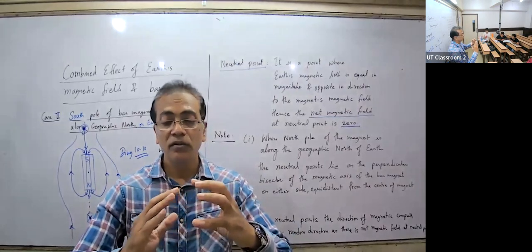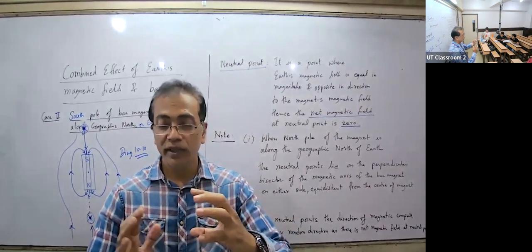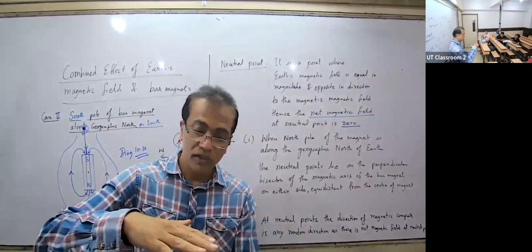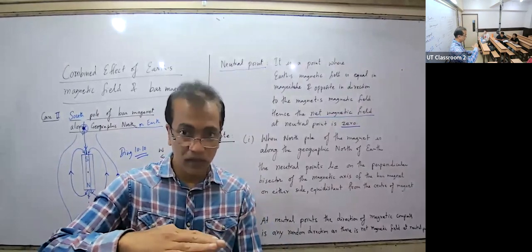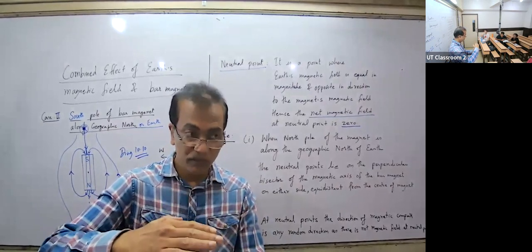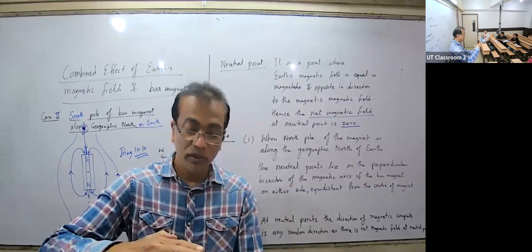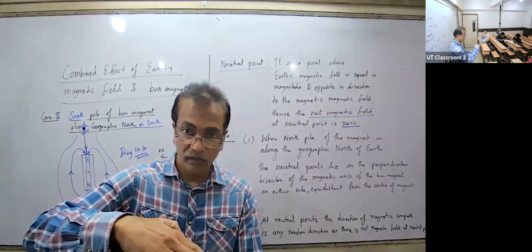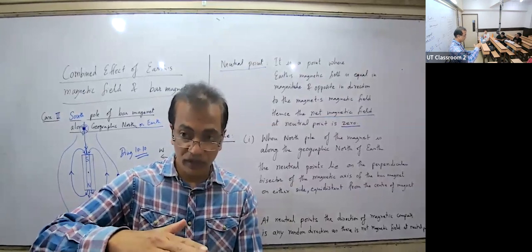Now, at the equator the compass is parallel to the surface. Let's say this is the equator area, so the compass is parallel, right? But the moment you go to the upper hemisphere, above the equator, then the angle is tilted like this. It is no more perfectly horizontal, right?